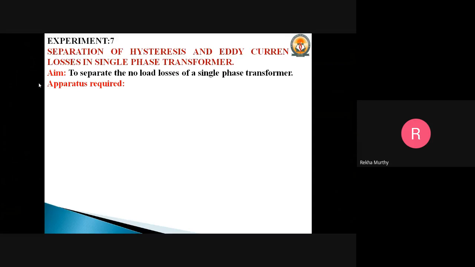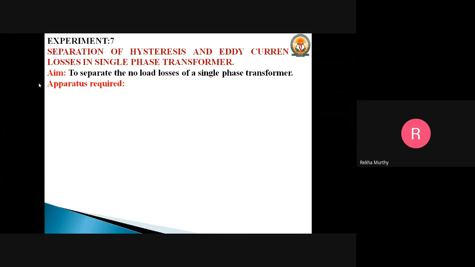Due to this, during a no load condition, the transformer will carry a very low current, that is the no load current. So the current value will be very small, and also the power factor will be very low. That means we require a low power factor wattmeter, an LPF wattmeter.